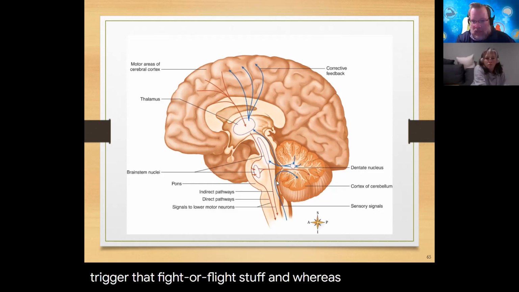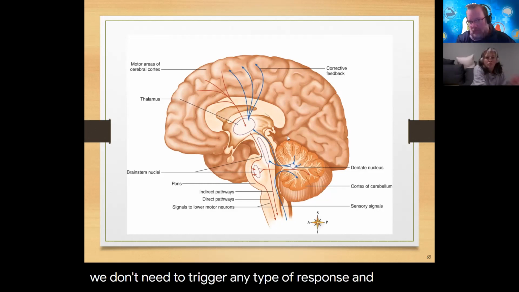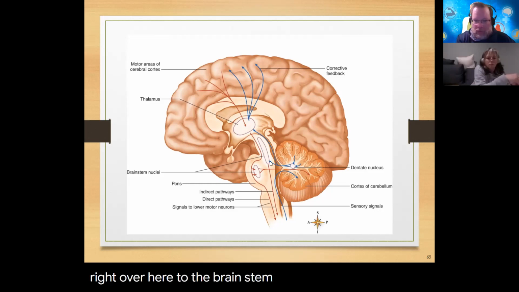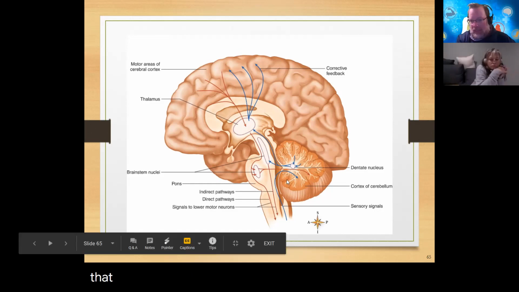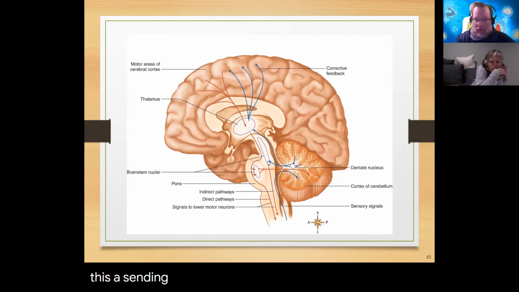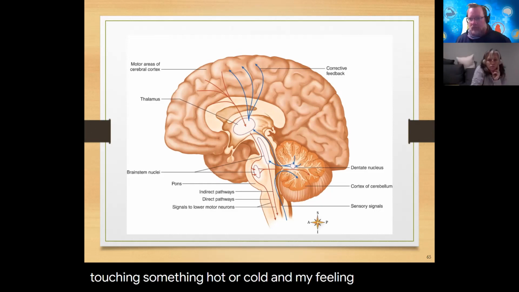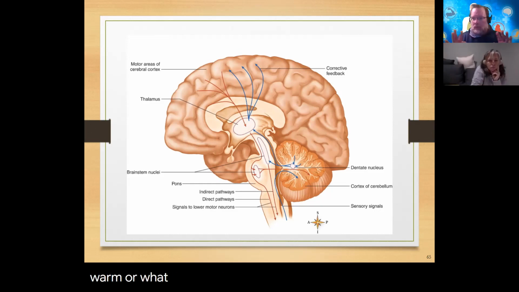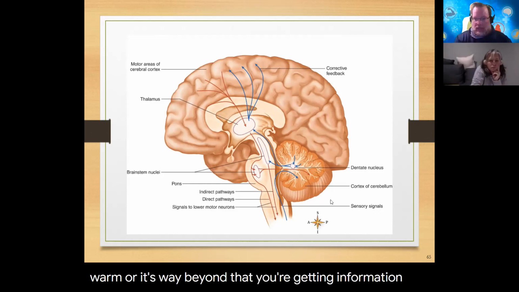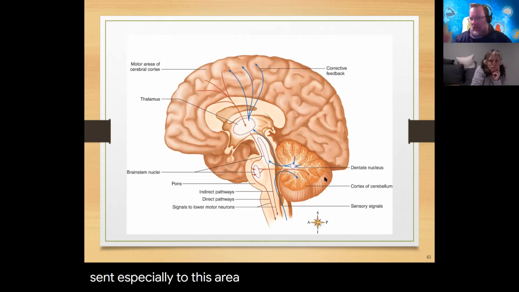Whereas down here, if we don't need to trigger any type of response and memory, we just have to go right over here to the brainstem. So what I'm saying is this ascending, all sensory, it's not just a matter of am I touching something hot or cold? Am I feeling fuzzy or warm or what? It's way beyond that. You're getting information sent, especially to this area, just constantly while you're asleep, while you're awake.